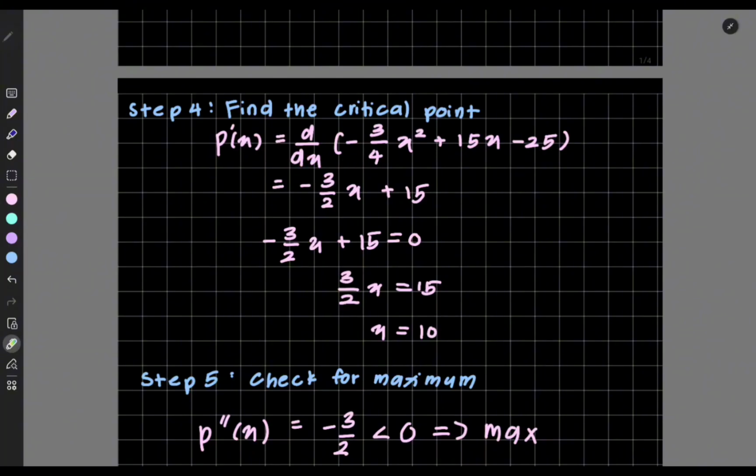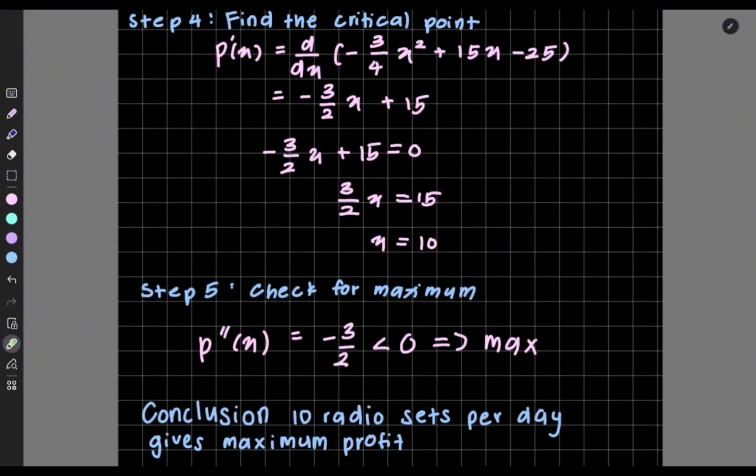Now we just differentiate it using the power rule. 2 multiplied by 3 over 4, we will get 6 over 8, and simplify it, we will get 3 over 2 x. The x becomes a single x because x to the power of 2 minus 1, and 15x will be 15 because x to the power of 1 minus 1 is 0, and 25, because it doesn't have x, will be 0.